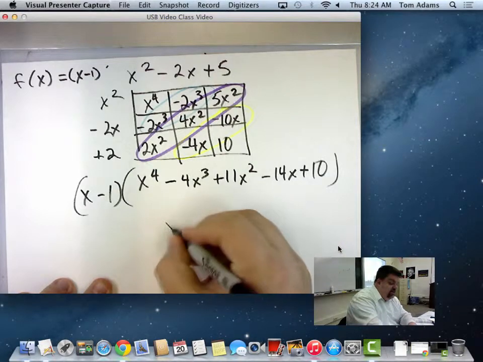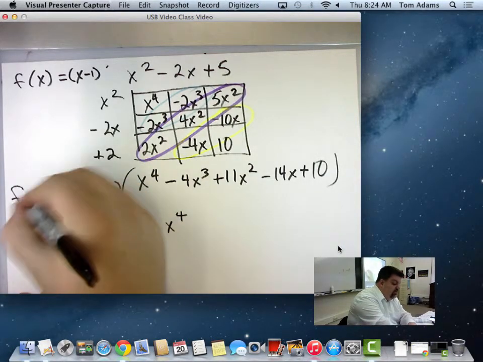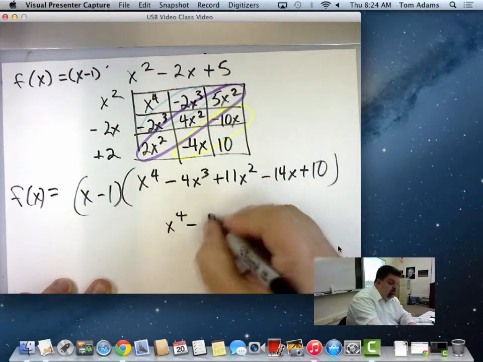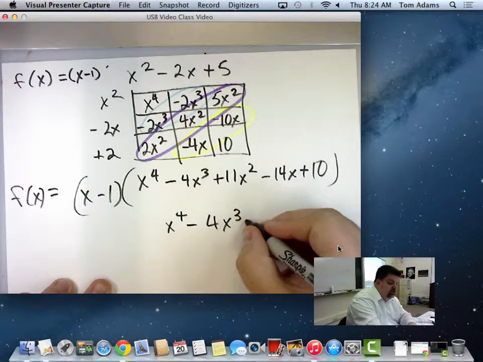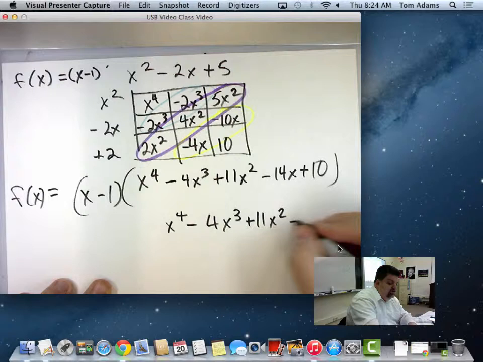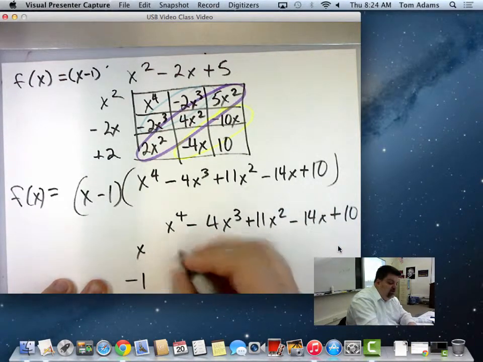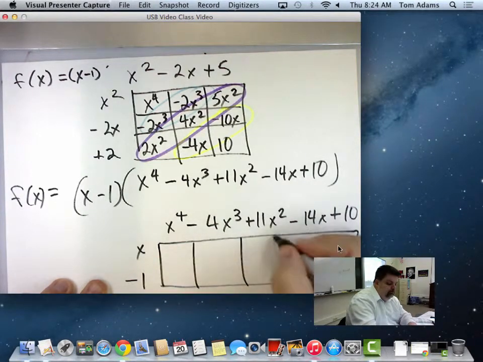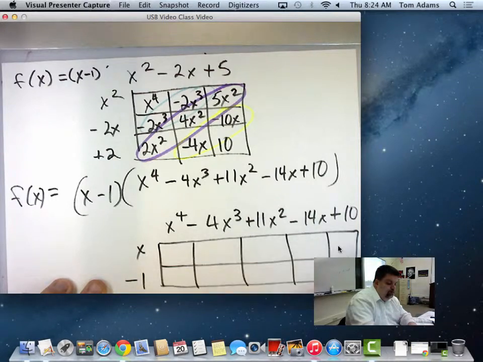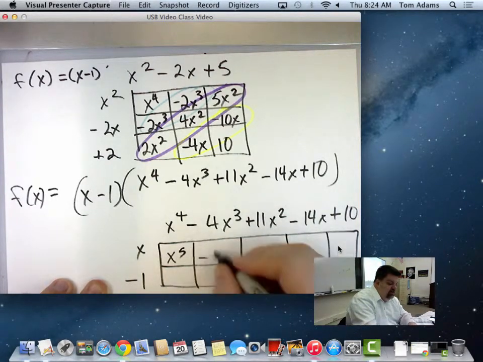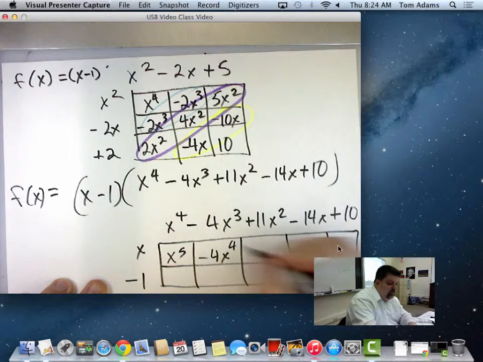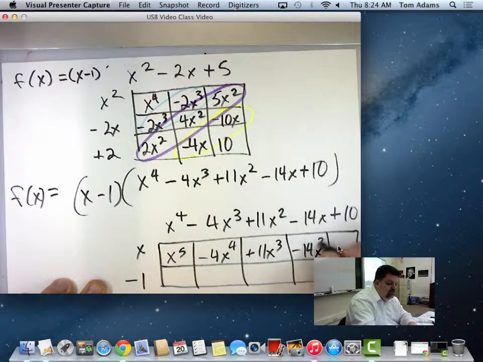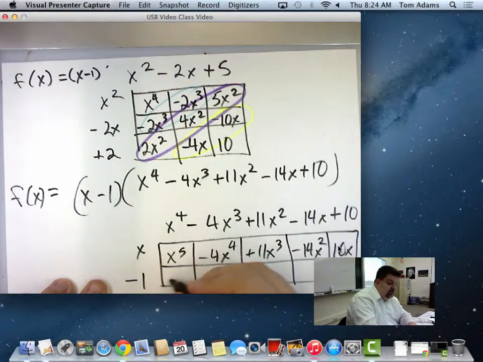All right, so all this stuff equals f of x. So x to the 4th minus 4x cubed plus 11x squared minus 14x plus 10 times the quantity x minus 1. So this is x to the 5th minus 4x to the 4th plus 11x cubed minus 14x squared plus 10x.